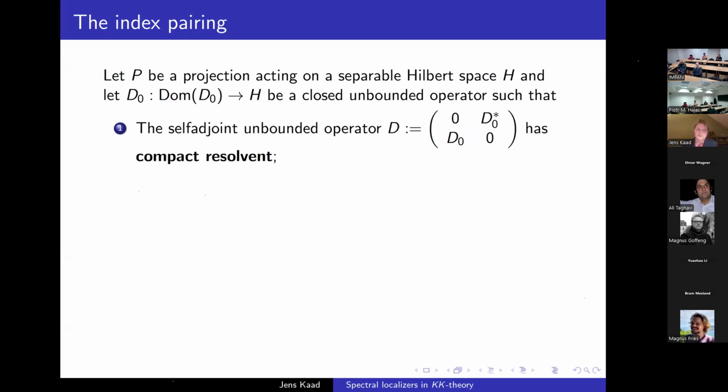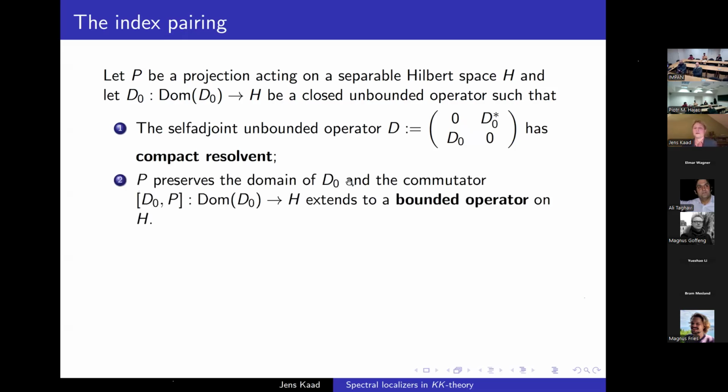The second condition links D naught to the projection P. The second condition says that the projection P should have a quantum derivative with respect to D naught.